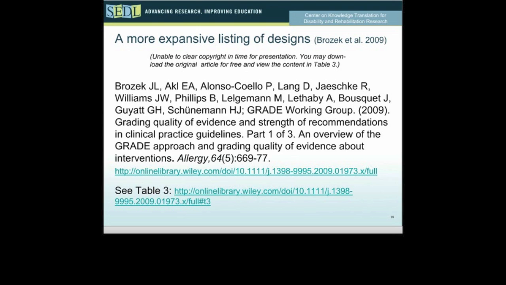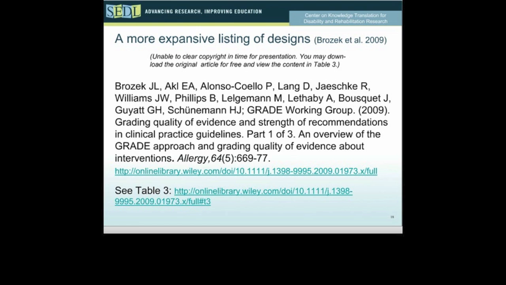So the reference is here to an article by Dr. Brozek in that series that was published in Allergy, where they talk slightly differently about the 4 ranks and what evidence might fit in there, and what meaning they give to that information.